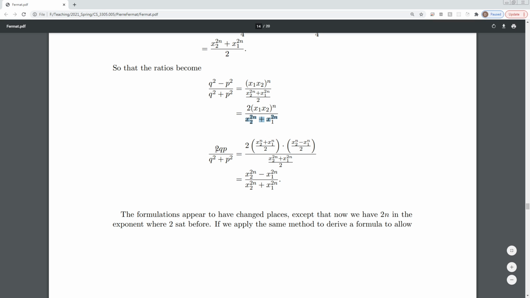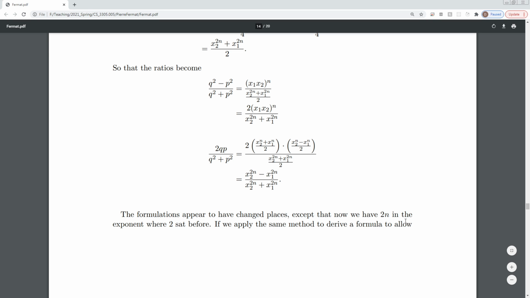And then if we do the imaginary component, we make our substitutions, then we end up with this ratio. Then this 2 cancels this 2. This 2 moves to the numerator to cancel this 2. And we end up with this form. And so it looks like the forms just kind of flop back and forth. So we're always in something like this.